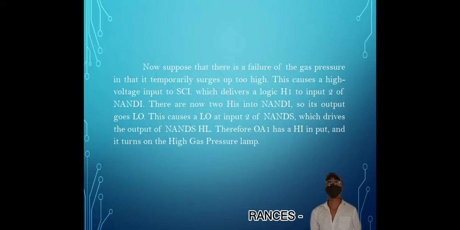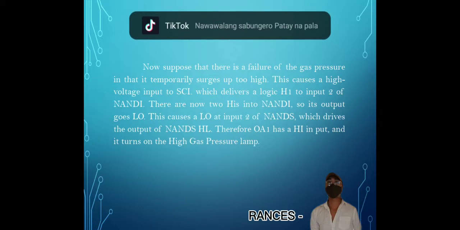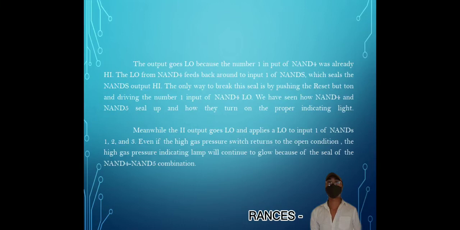Now both inputs are high into NAND 1, so its output goes LO and causes a LO input to NAND 2, which drives the output of NAND 2 high. Therefore, the driver has a high input and turns on the high pressure lamp. The output of NAND 4 goes LO because its number 1 input is already high.